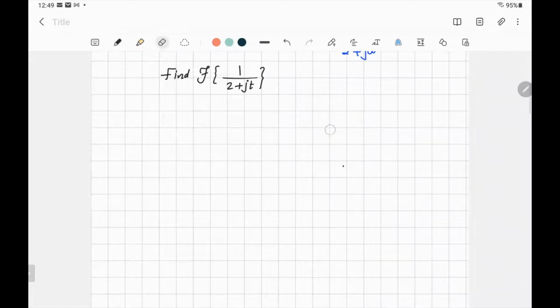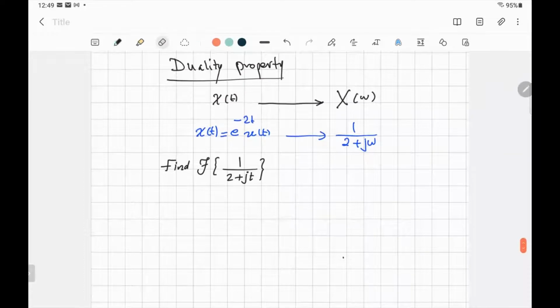The property says that if you want to find the Fourier transform of a function exactly the same in omega, but instead of omega you put the time, you replace omega by t, you will go back to the same original one. What does it mean? You get x, the small one, as a function of time, but replace t by minus omega and multiply it by 2 pi.